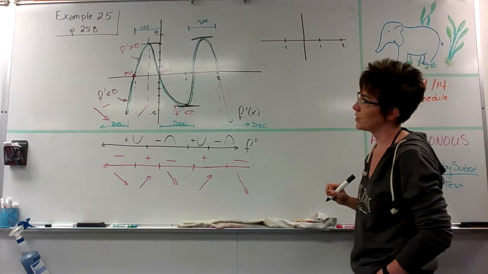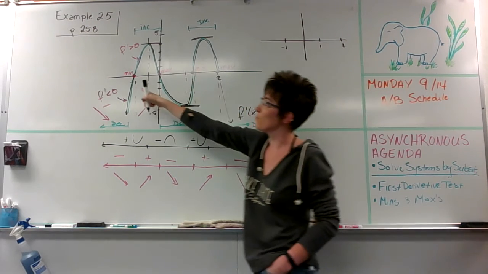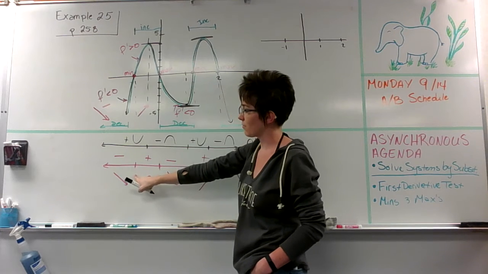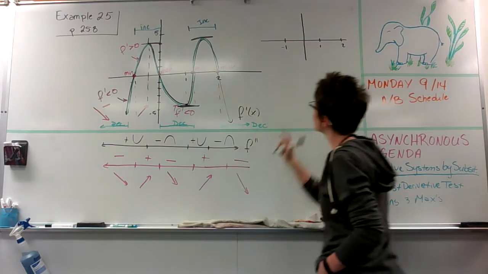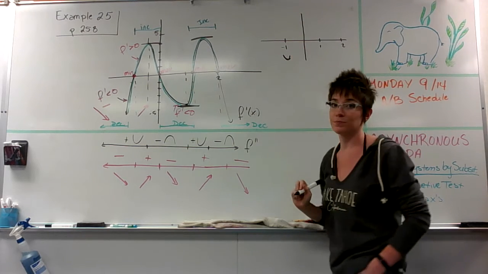All right, so take a look at this. I know that at -1, at this value, -1, I have a minimum. So at -1, I've got some kind of minimum going on there.